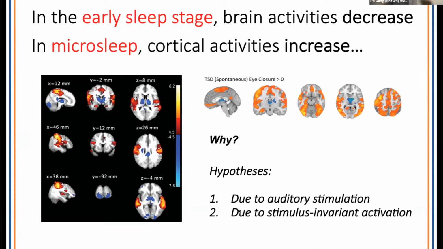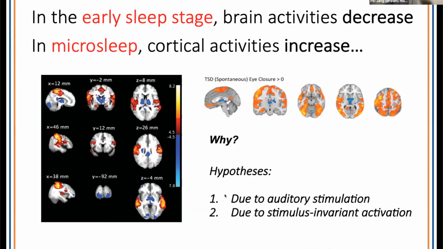Another possibility is that these activations have nothing to do with auditory information processing. Maybe that's more like a default state when you fall into microsleep. You tend to have this widespread brain activation, whether you have auditory signals at all.